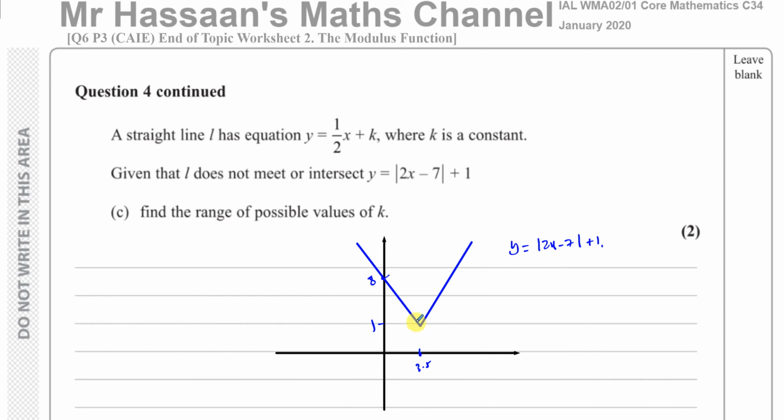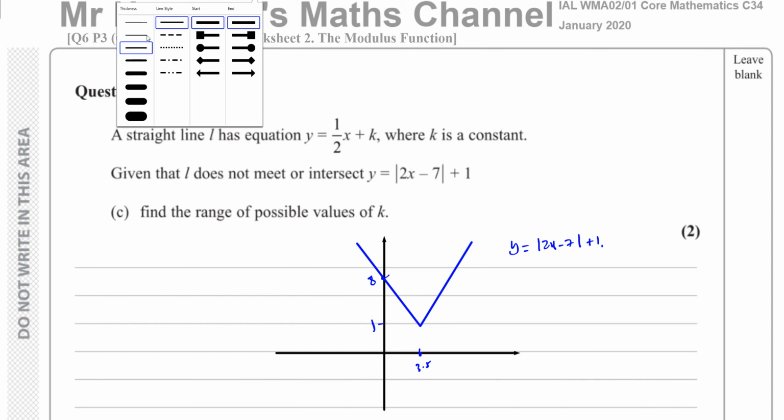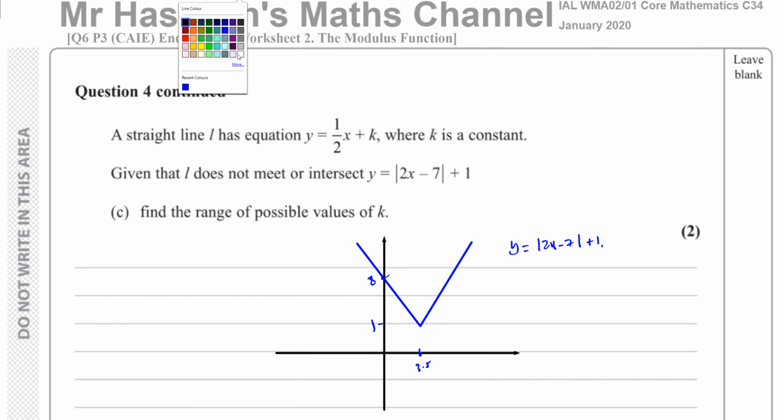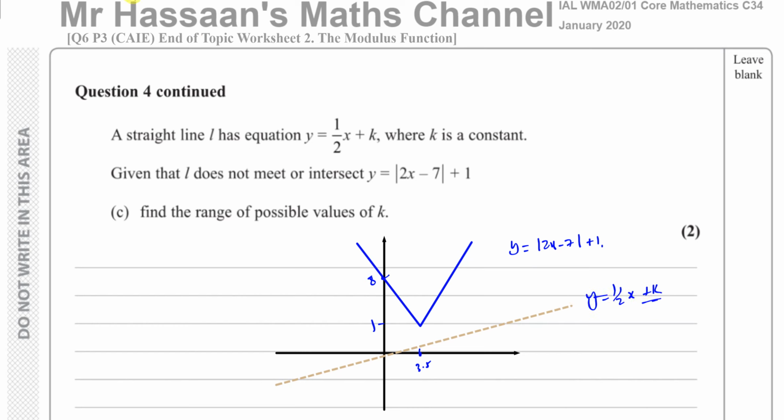Now, y equals a half x plus k is going to have a shallow gradient. So its gradient will look something like this. I'm going to draw it in a different color. So this is y equals a half x plus k. Now k is, of course, a place on the y-axis.